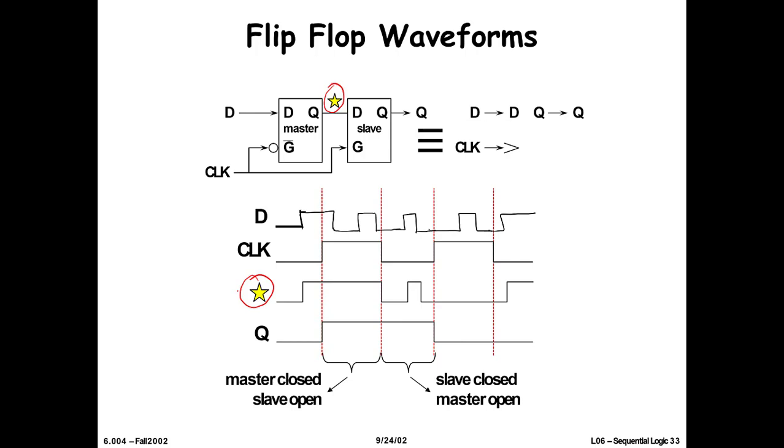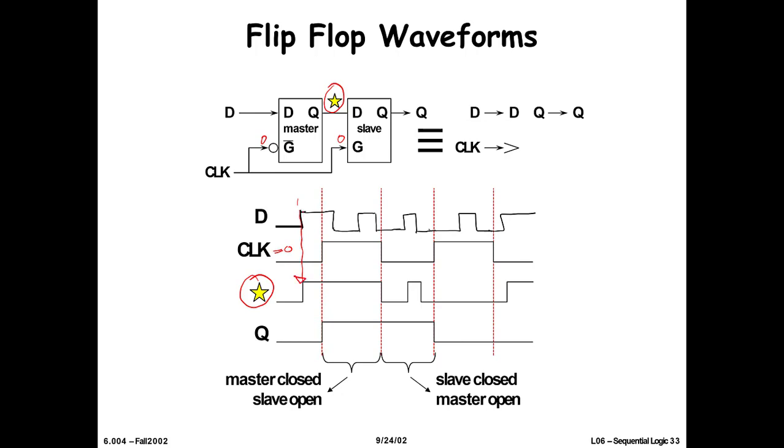So what happens when the clock is 0? The master is in transparent mode and the slave is in memory mode. At that point, whatever is on D appears on the star node.